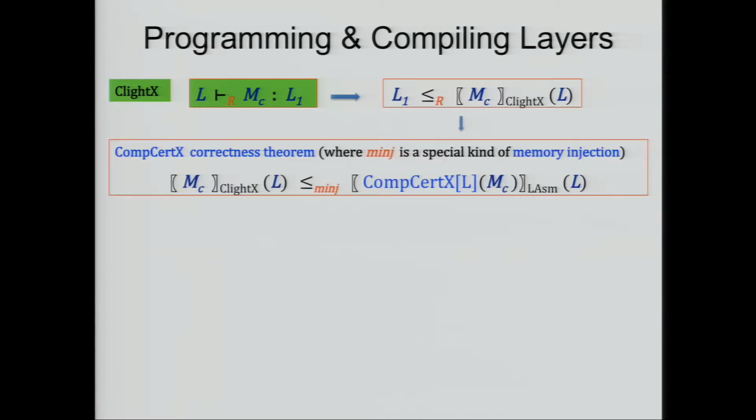And this CompCert X theorem will say that there's a forward simulation through some kind of a memory injection relation m-inj, from which you can prove the simulation relation or refinement relation from the C-Lite code to the corresponding assembly code.